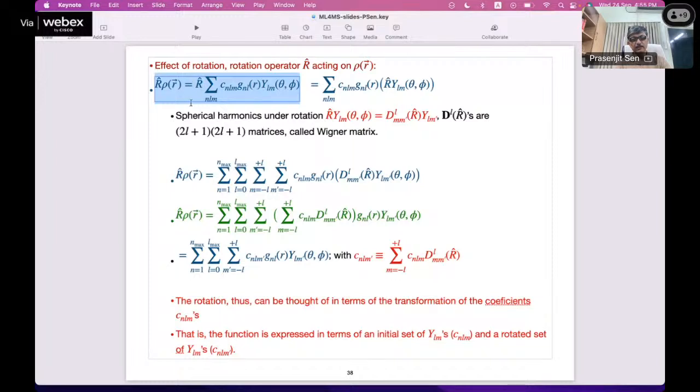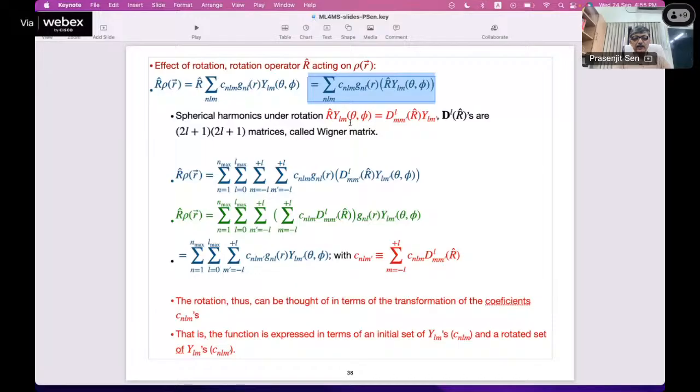So this is just a formal operator acting on this whole thing. But when I'm just doing a rotation, the r part really does not change. What changes is the Y_lm part, the theta phi part. That's all that is involved in rotation. So I can pull this rotation operator with the Y_lm part and leave this outside.